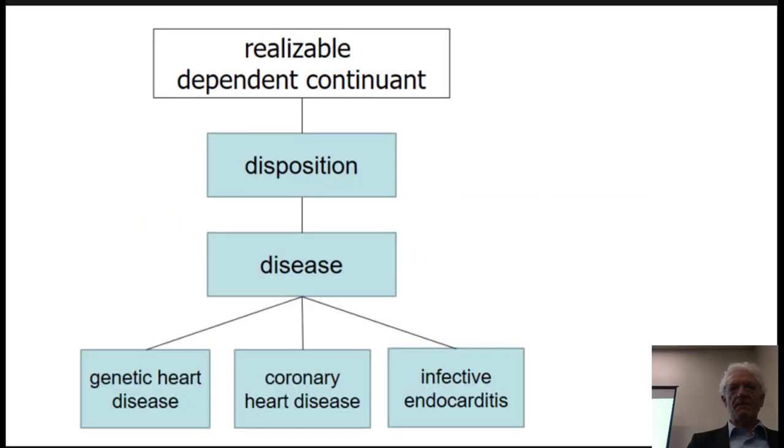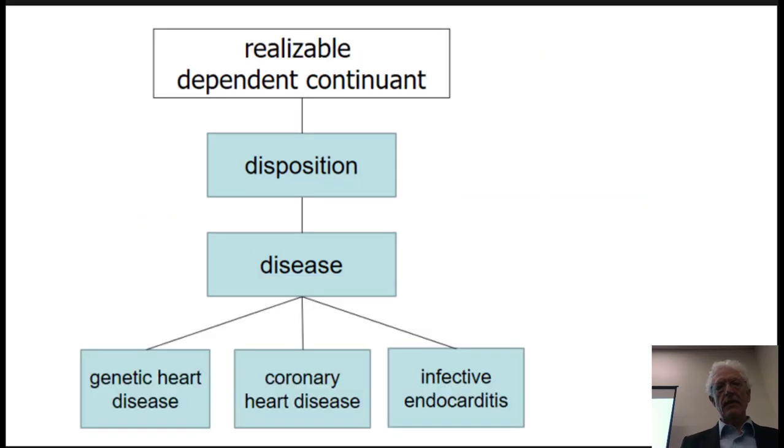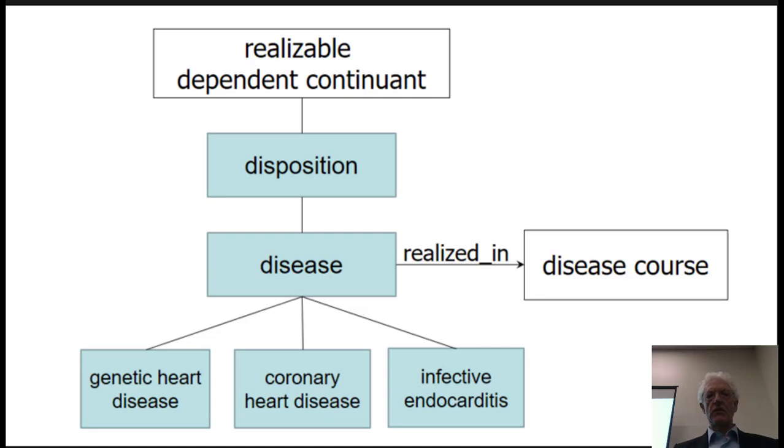So if you like, functions are good dispositions, diseases are bad dispositions. And diseases are realized in disease courses, and every disease will be associated with multiple different kinds of disease courses, depending upon the kind of treatment which the disease is receiving.